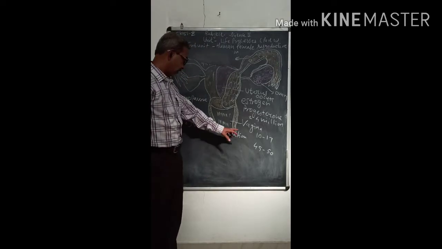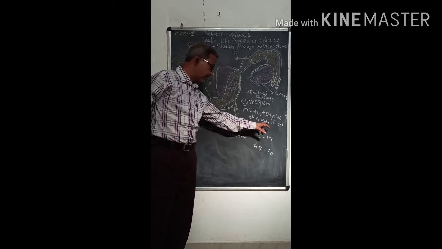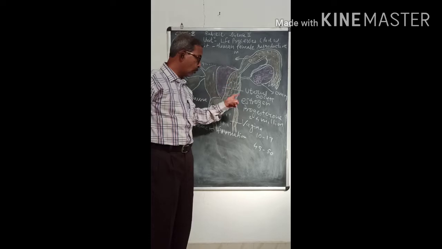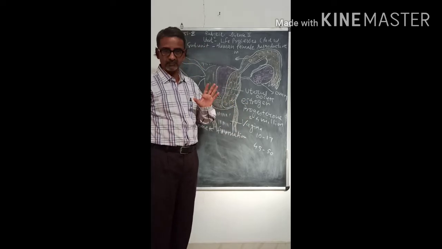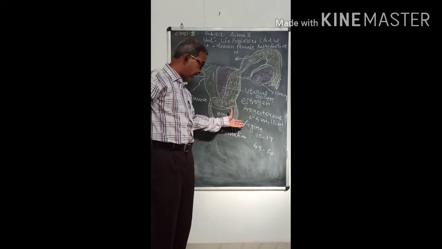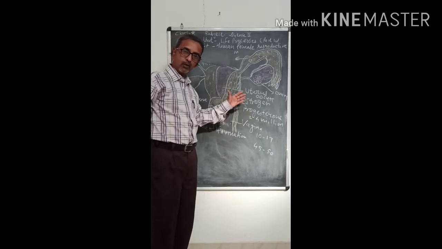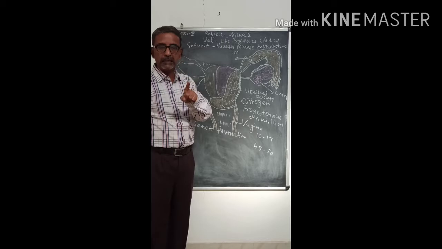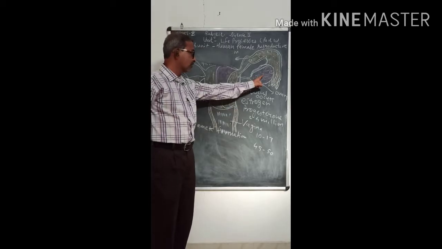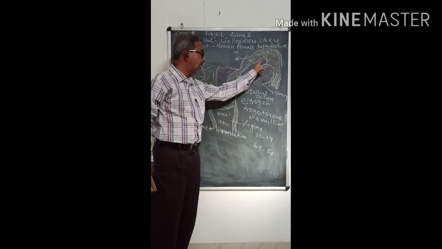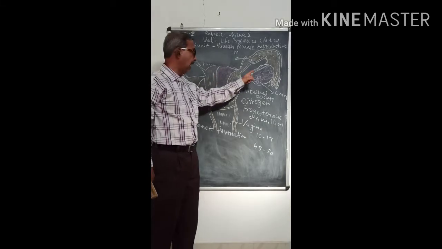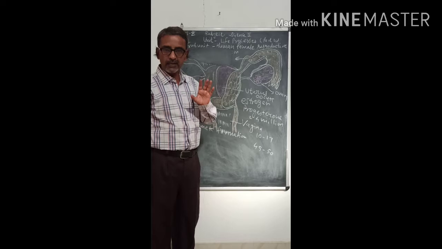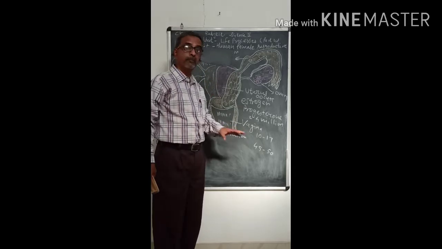So I told you just 2 to 4 millions of oocytes are already present in the ovary of a female fetus, and all are immature. When she undergoes puberty, at that time only one oocyte is released from the ovary, alternately every month, and this process continues till menopause.